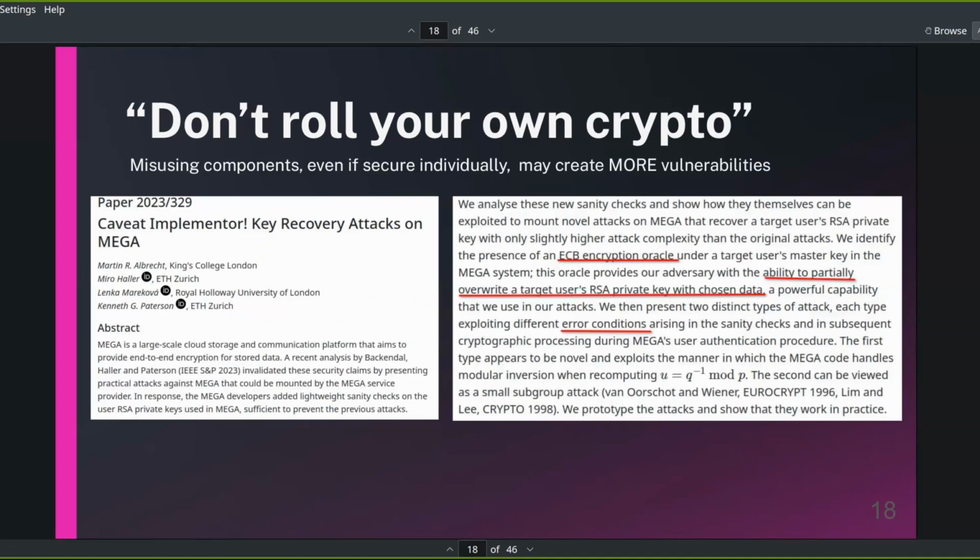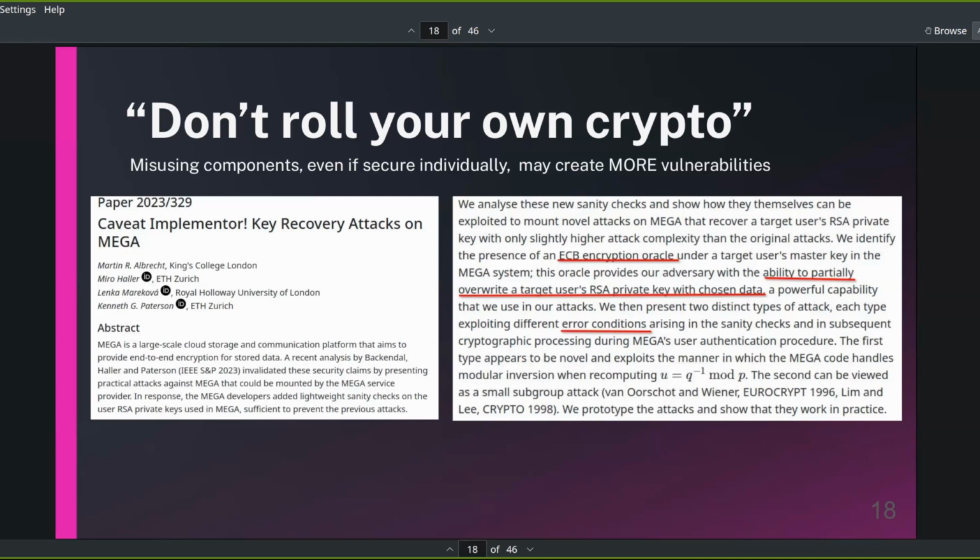An oracle is something that can give you one bit of information, just yes or no. And you can use this oracle to break and retrieve a secret key. The most famous example is something called the padding oracle. If you look for padding oracle, you'll find a lot, likely a Wikipedia page. But Mega had added the oracle by mistake, and then error codes were also not properly designed, and they allowed attacks that could retrieve the RSA private key.